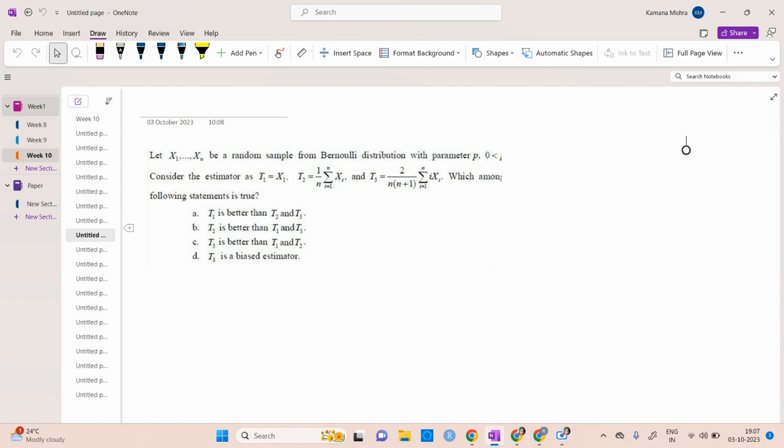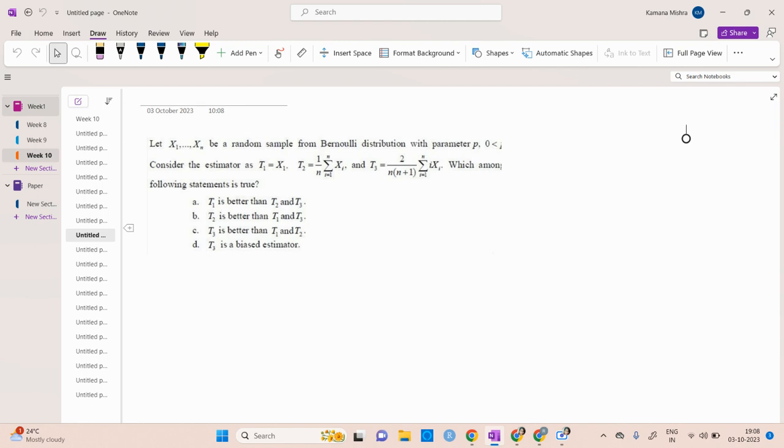If one has minimum variance, that means that estimator varies least from the real value, then we will choose that one rather than the one which has more variance, right? These are some obvious things, but these are the steps you need to follow.